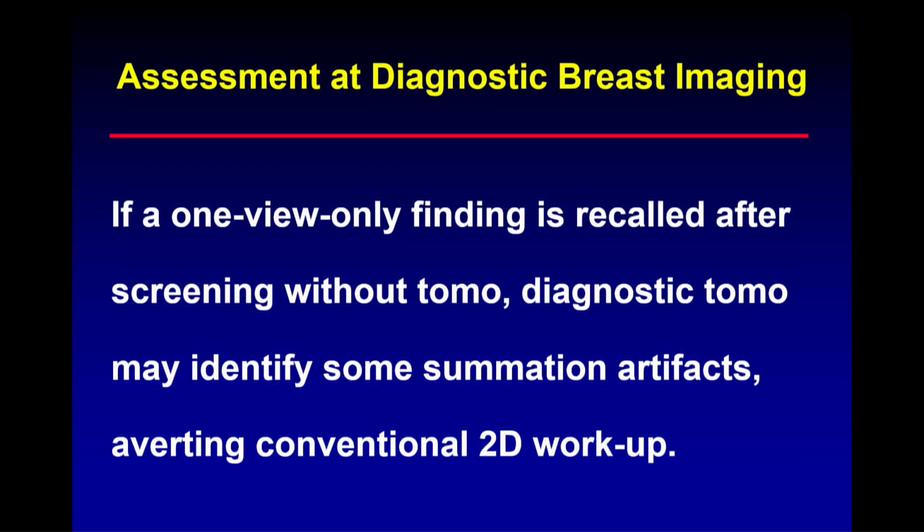But if all you have is non-inferiority, it means you're seeing more on the ones with the tomo and the synthetic because it shows architectural distortion better. But it only comes up with the same number of cancers, which means you're missing some of the cancers that you do see at 2D. You're seeing some at 2D and some at tomo. They're different cancers. So if you drop the 2D, you miss some cancers. Understand that. That's the downside of dropping the 2D.